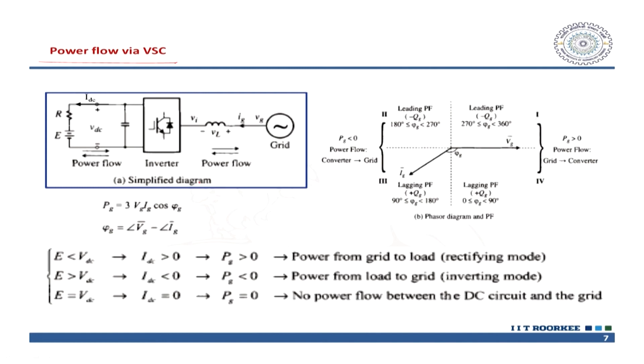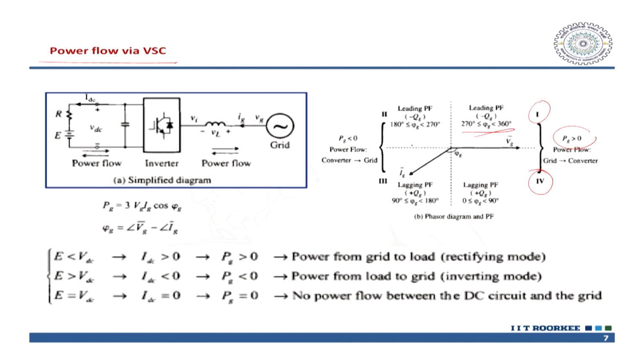And also there are issues of power factor. For example, if Pg, that is the grid power, is greater than 0, power is flowing from the grid to the converter, and that is the first quadrant operation.